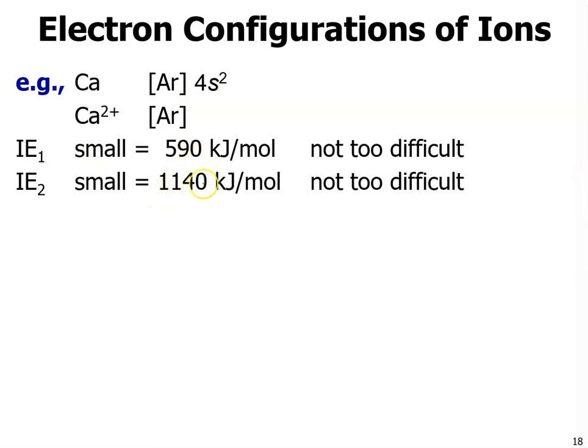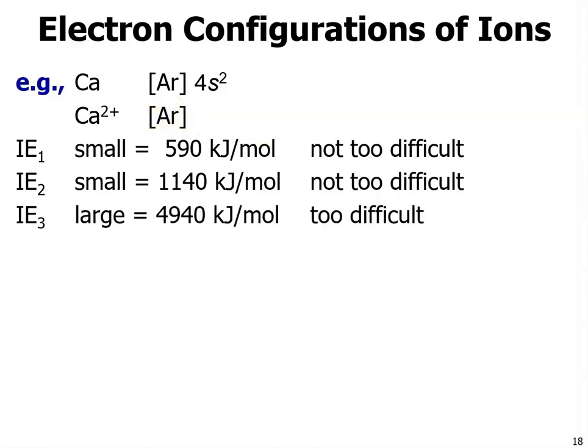So it's still getting higher as we pull off that second one, but it's still manageable. And if we now go into these core shells, the 3p6 orbital, for example, in argon, that would be in here, now this energy gets quite a lot higher. So it's about 5-fold more energy required.